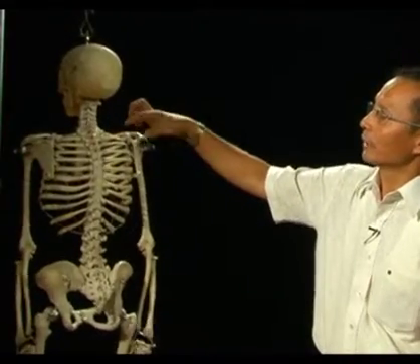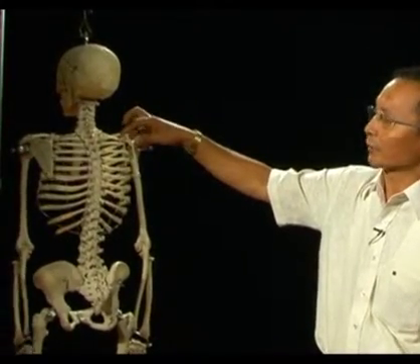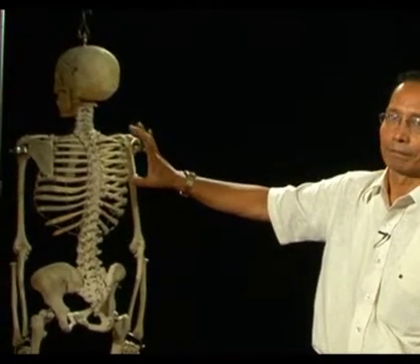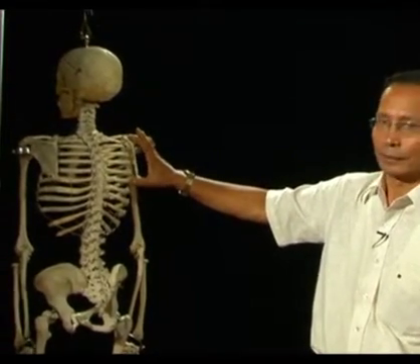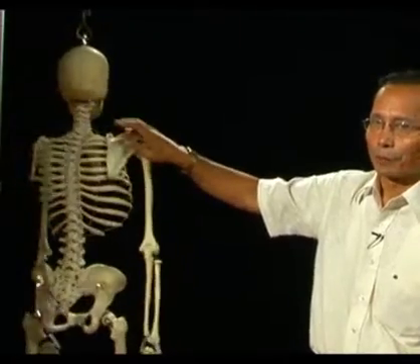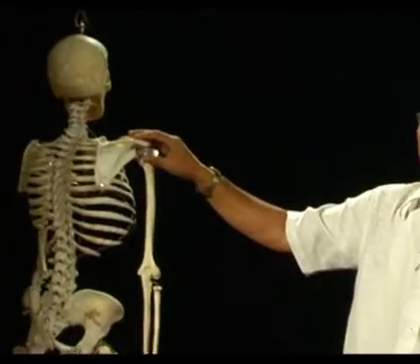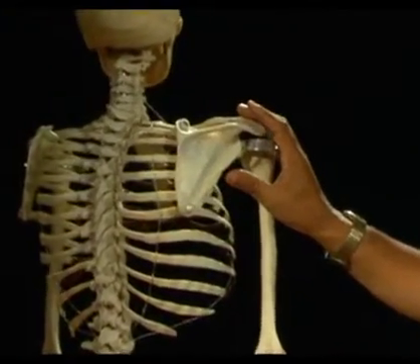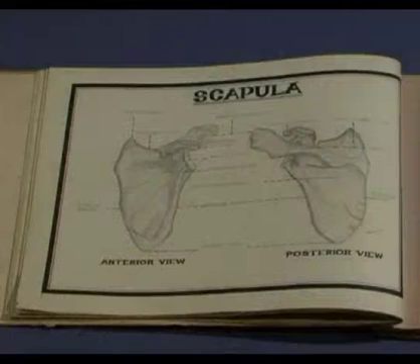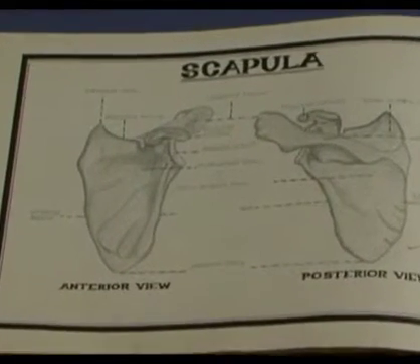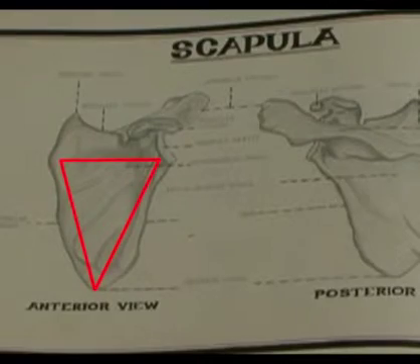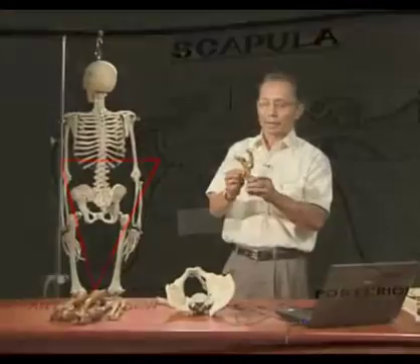This is the first rib, this is the second rib. It starts from here: second rib, third, fourth, fifth, sixth, seventh. So this is located on the back side of the thorax. If you look at its shape, it is triangular.